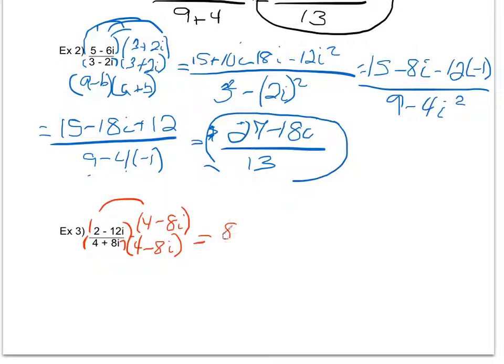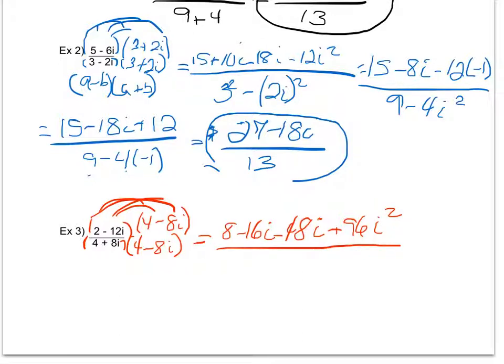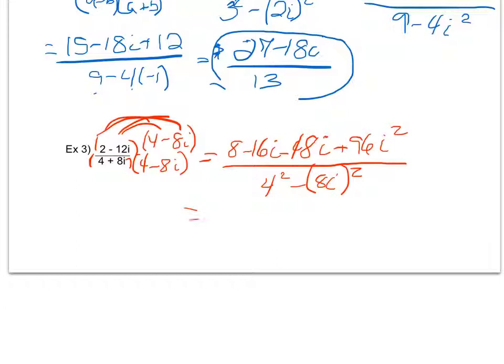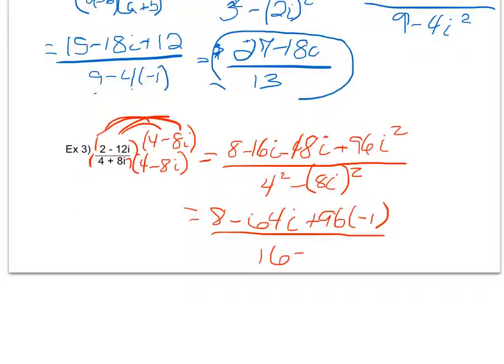FOILing on top, I end up with 8 minus 16i minus 48i plus 96i squared, all over, again using my formula a plus b times a minus b on the bottom, I get a squared minus b squared, giving me 8, 16, and 48 is 64, so minus 64i plus 96 times negative 1, all over 16 minus 8 squared is 64i squared, so I get 8 minus 64i minus 96 all over 16.